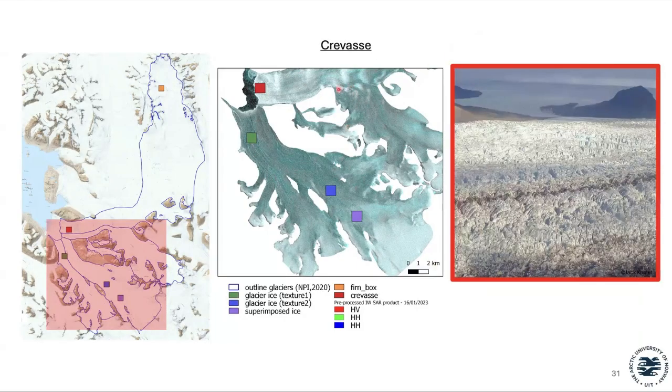And then we have this red box here, which is on Holtedalsfonna, and this is just crevasses. You can see them in the microwave imagery as being super bright, which looks a bit like firn. But maybe you can spot them also yourself.